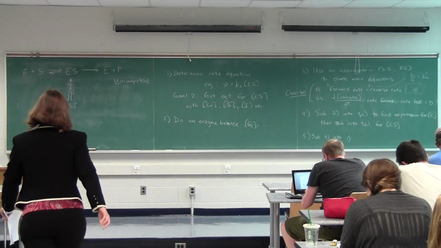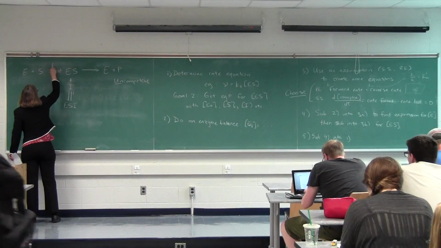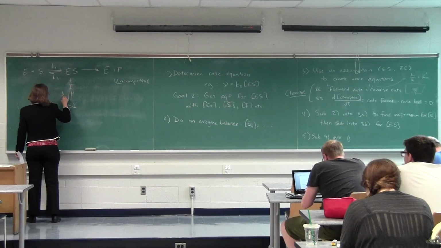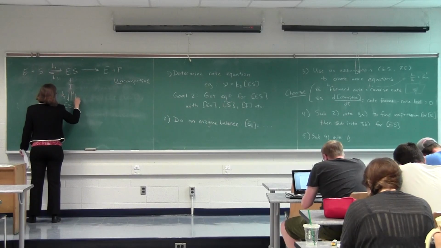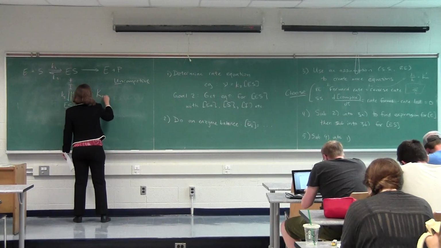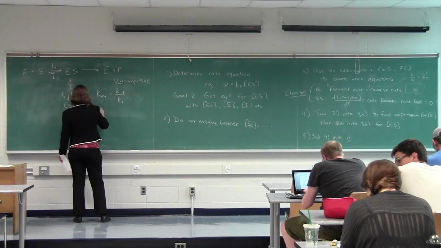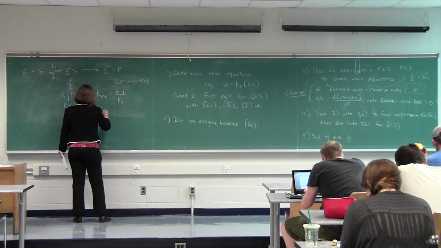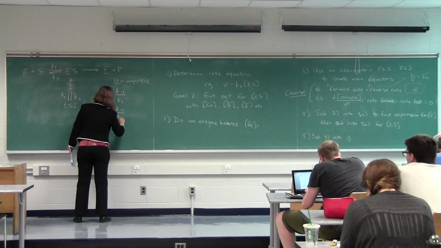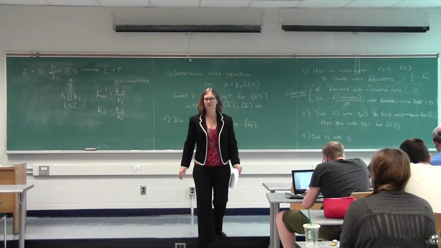Right, so I'll write that up. So let's do K1, K minus 1, Ki, K minus I, and let's define big Km prime equals K minus 1 over K1 and big Ki equals K minus I over little ki.